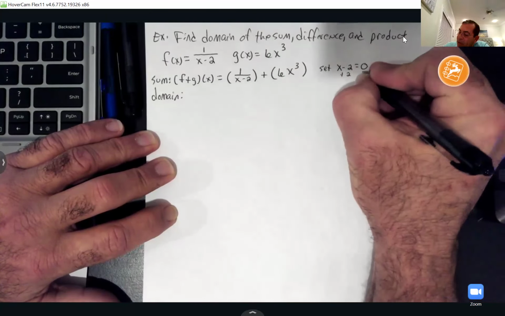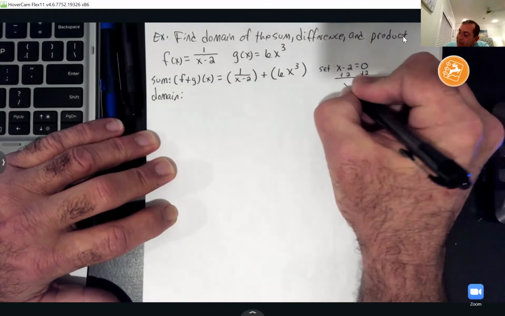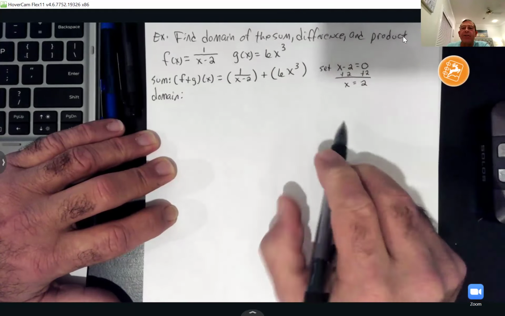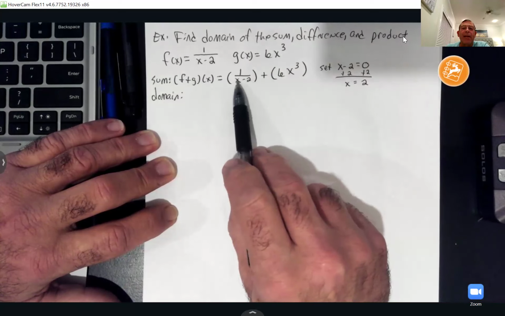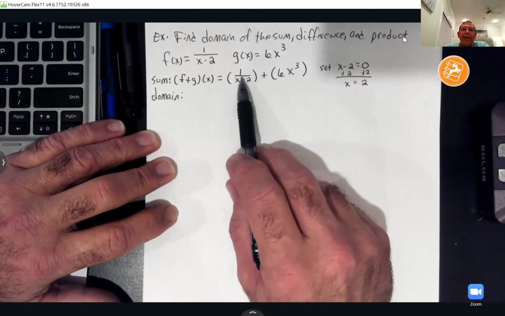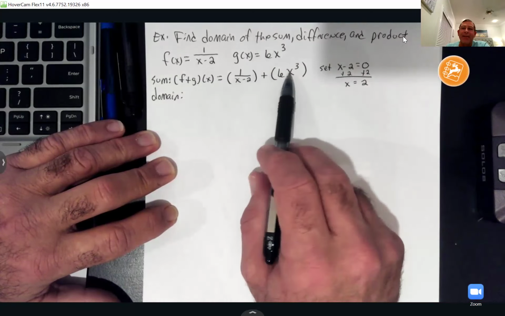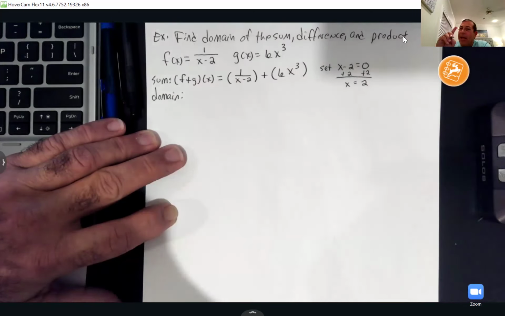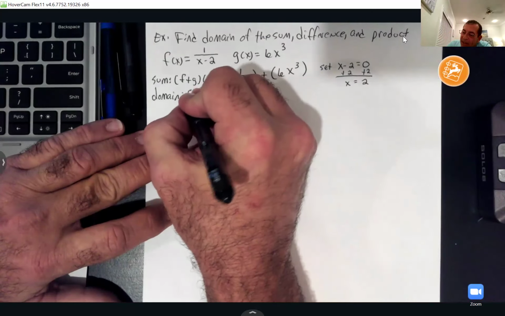And to solve that, we're just going to add 2 to both sides. And I get a 2. So if I put a 2 in there, I get a 0. 1 divided by 0 is undefined, which means you can't do anything to this. So we're going to kick out one number, and that's that 2.